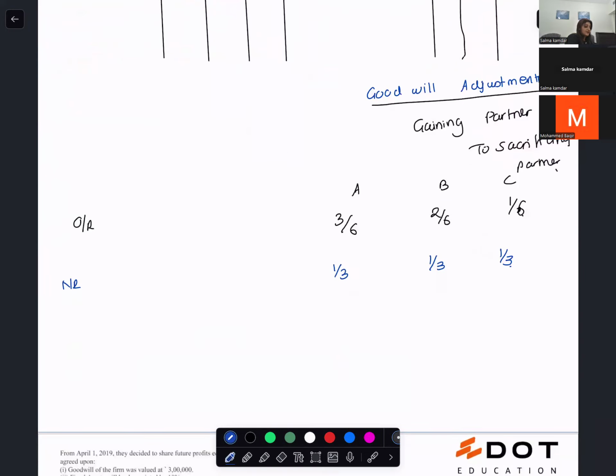So gain or sacrifice? Sacrifice for A. Come on. 3/6 minus 1/3, 2/6 minus 1/3, 1/6 minus 1/3.